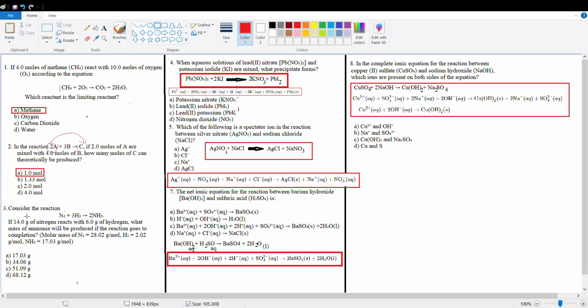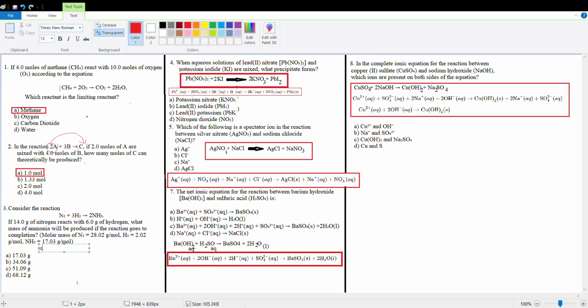Question number 3 here, the formation of ammonia. Masses are given to you. You need to make sure to find the moles to find the mass produced of ammonia. Now if I find the number of moles of nitrogen, which is equal to mass over Mr, 14 divided by 28, because nitrogen is 14 times 2, 28 is the molar mass, which is equal to 0.5 if you calculate from a calculator.